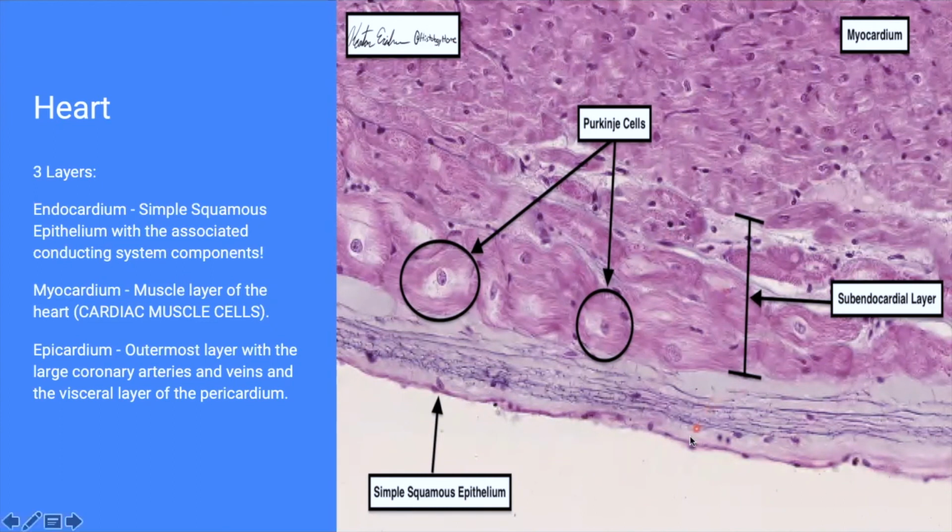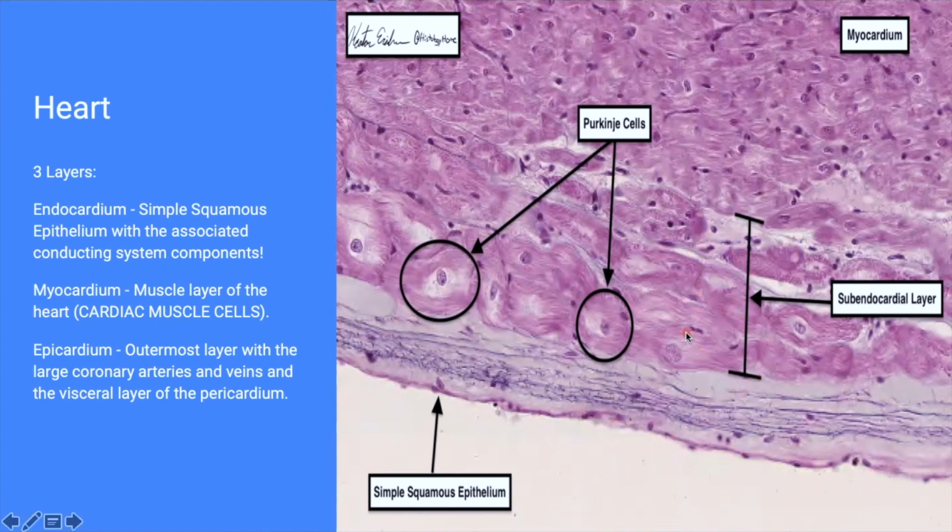So endocardium is our first portion. It's pretty thin. It is a simple squamous epithelium on the innermost layer, some connective tissue underlying it, and then portions of our conducting system of the heart in our subendocardial layer.